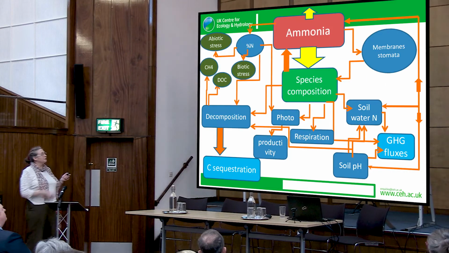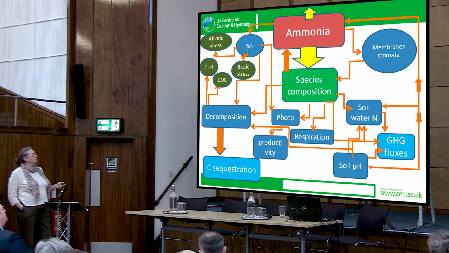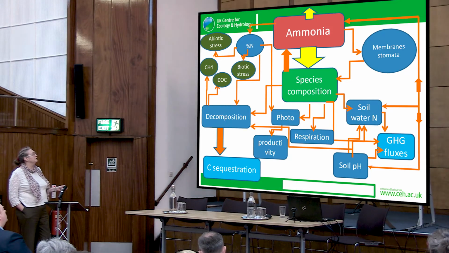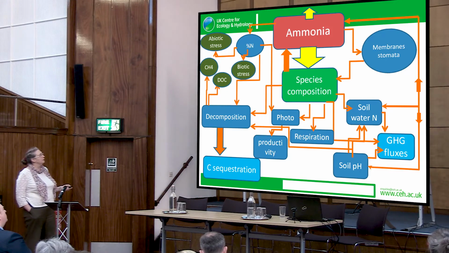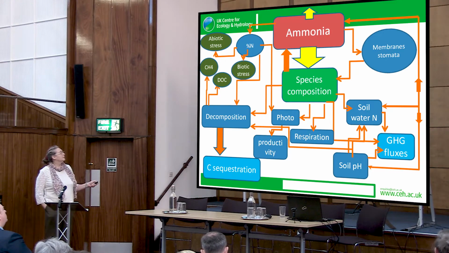Why is ammonia important? Because it's a nutrient that's also toxic at different levels, and it changes processes. These are processes in the soils and plants made by a colleague of mine, so I can't explain it to you exactly, but it does a lot within the biological biochemical systems.